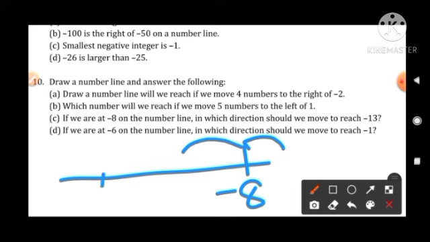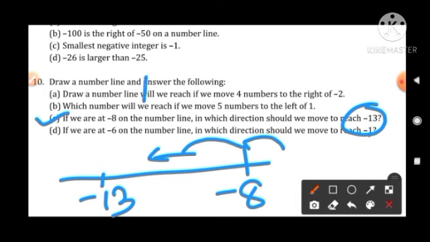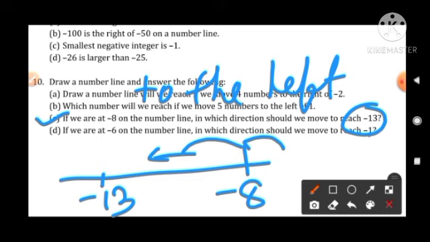This is very obvious, isn't it? -13 will be on the left side, not the right side. If you go to the right side, you will get a positive integer, but we need a negative integer. So for -13 we have to go left. So the answer for C you can simply write: to the left.